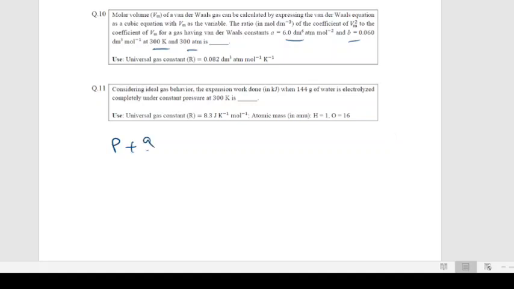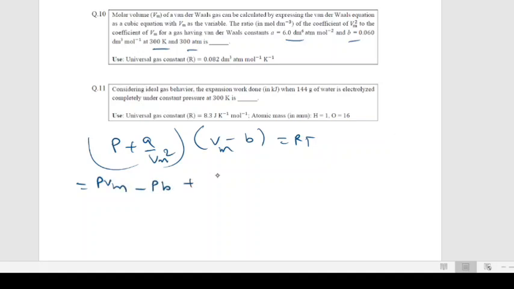Let's write (P plus A by Vm square) into (Vm minus B) is equal to R into T. So that is equal to PVm minus PB plus A by Vm minus AB by Vm square is equal to R into T. I am going to multiply the whole equation with Vm square as we want the Vm cubic equation.